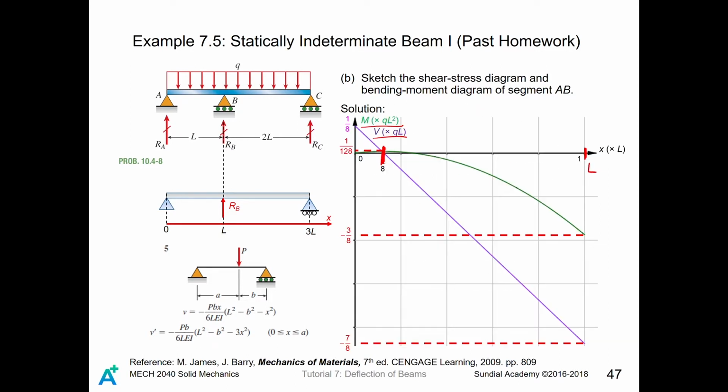Since we're talking about the purple straight line, which represents the shear force inside the beam, at this place the shear force is given by 1/8 of QL. So this is how you can read this solution diagram I sketched for you.